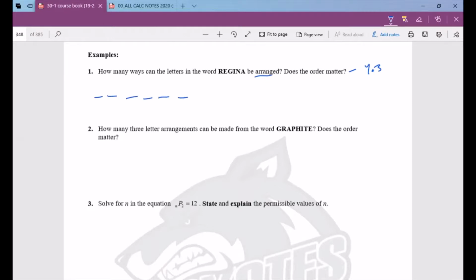This is what we did before. We have 1, 2, 3, 4, 5, 6 letters in the word vagina. And so this really just ends up being 6 times 5 times 4 times 3 times 2 times 1. This is 720.